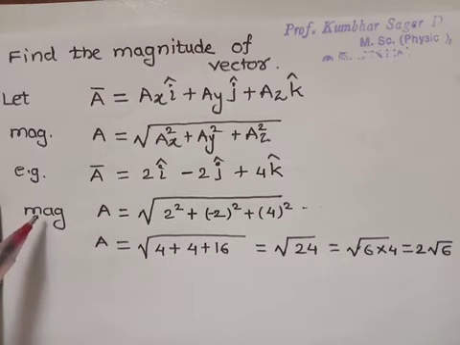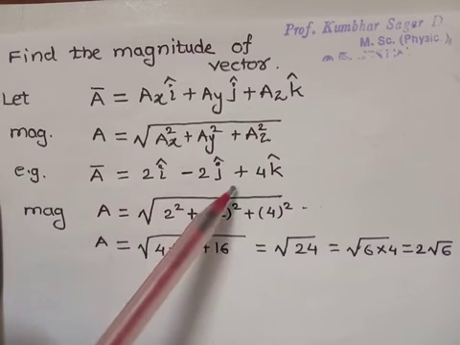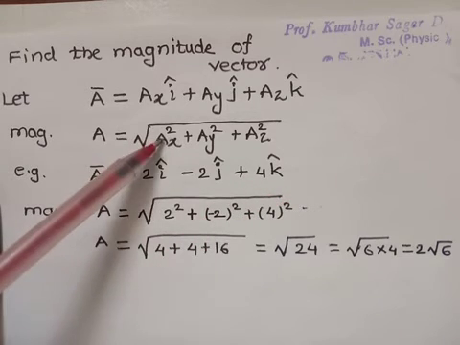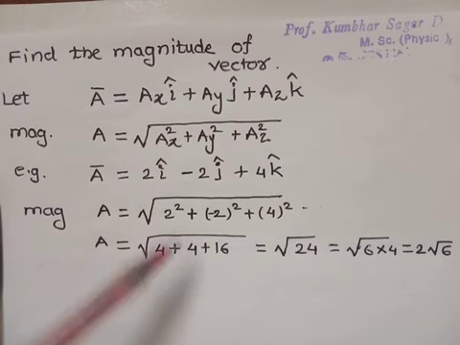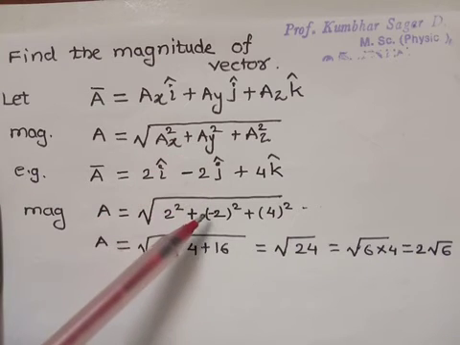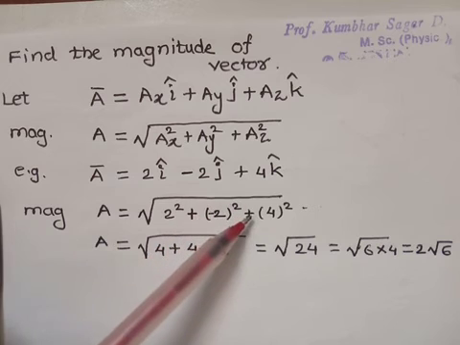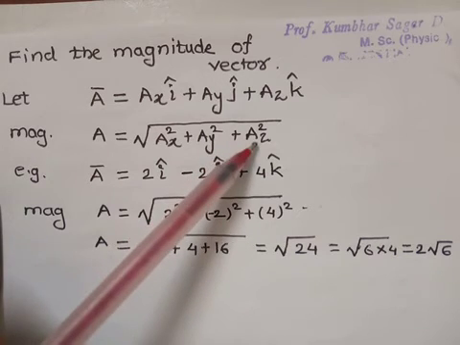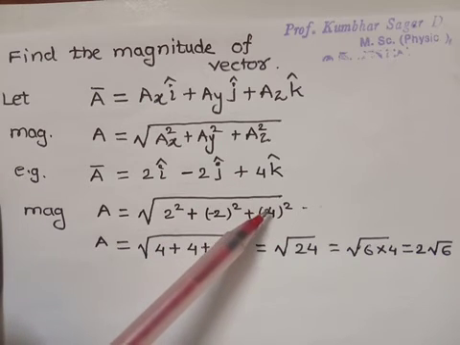Hence, the magnitude A equals square root of Ax square. Ax square means 2 square. Ay square is minus 2 square, plus Az square, where Az square is replaced by 4 square.